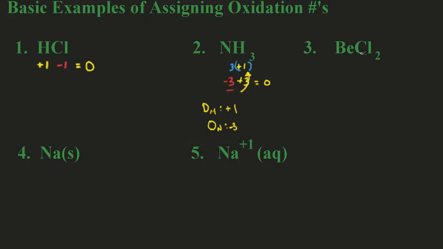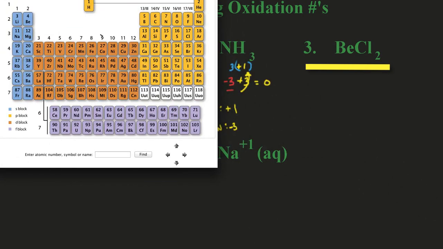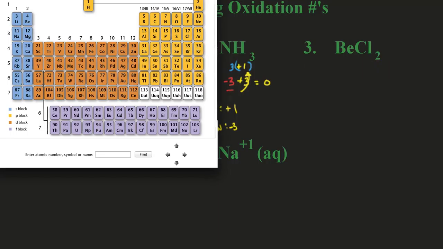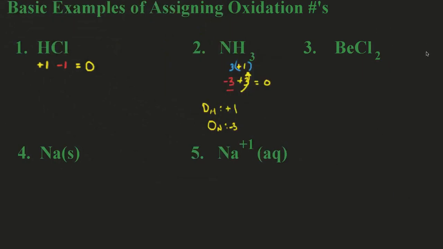Alright, beryllium chloride. If you look on your periodic table, just in case you forgot, beryllium is the first element in the alkaline earth metals, and that's going to give you an oxidation number of +2. Chlorine is a halogen, not on the list of reliabilities. So if we look at beryllium, we know beryllium is going to have a +2, and we want to know, what do I add when I multiply by 2 to get a 0?